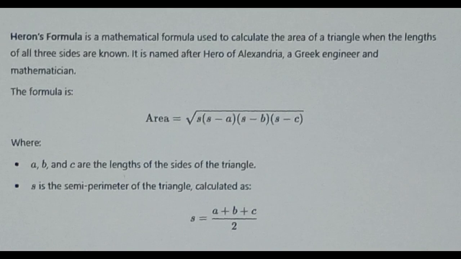So that is all about the law of cosine. Next, let us proceed to our last topic, which is Heron's formula. Heron's formula is a mathematical formula used to calculate the area of a triangle when the lengths of all three sides are known.